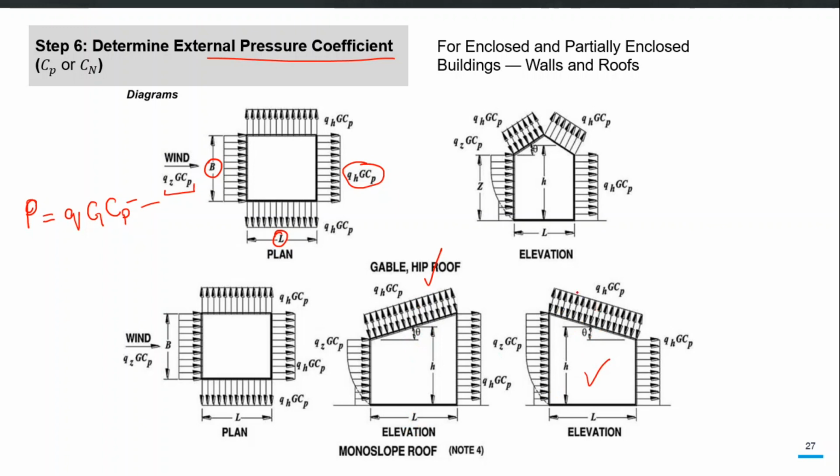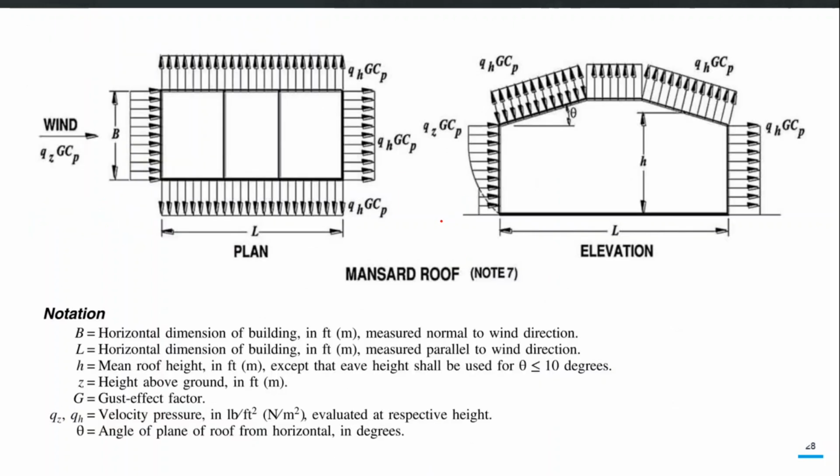For this kind of slope, two slopes, we will be having this. So depending upon our aspect ratio, our dimensions of our structure, ASCE 7-16 will guide us about what Cp we should be using. So these are also two other roof configurations.